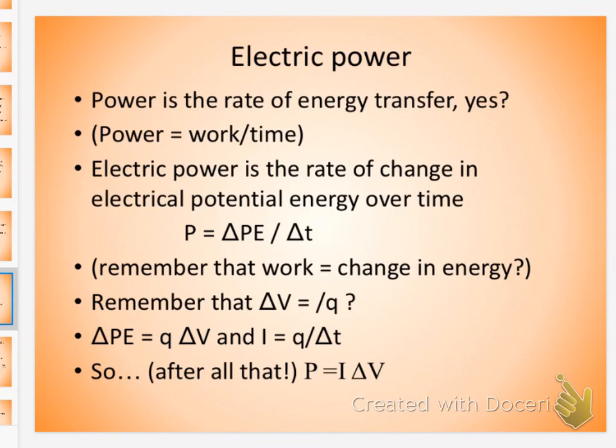Okay, so you know what power is. It's how fast work gets done. And electrical power is how we change the rate of electrical potential energy over time. So change in electrical potential energy over time is power.